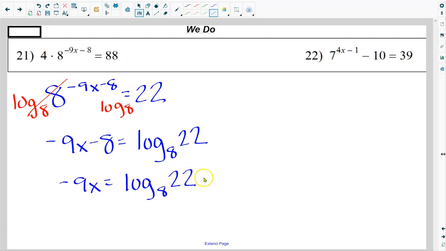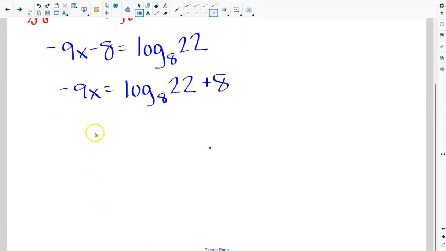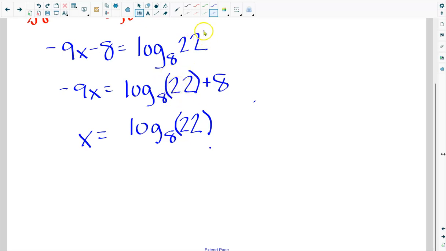This can go in the calculator, by the way. Now I'm going to divide by negative 9. So I have x equals log base 8 of 22 plus 8, and these parentheses just help you keep track of stuff so that, for example, this plus 8 doesn't come in here.